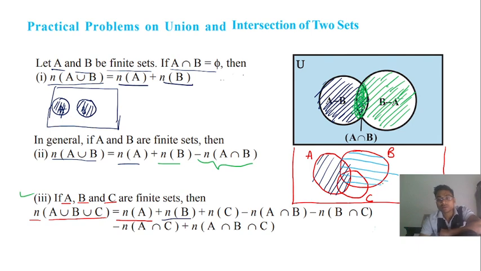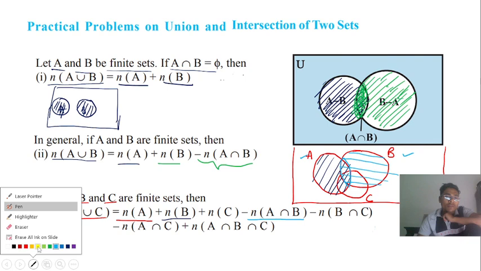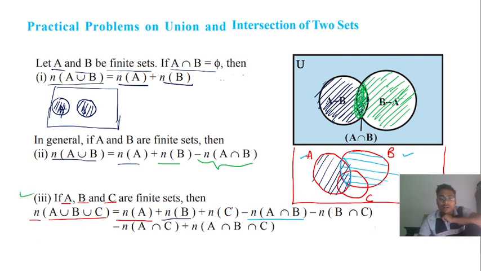As you see, we have counted this region twice. So we will subtract this portion, which is the intersection of A and B. So we will subtract the intersection of A and B, and then we will add the number of elements in C, because the C portion is not yet covered. So we will add the number of elements in C.